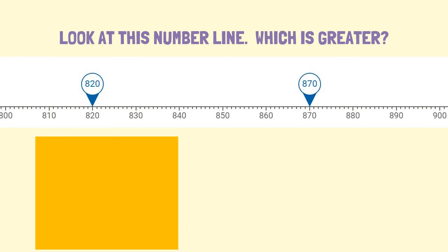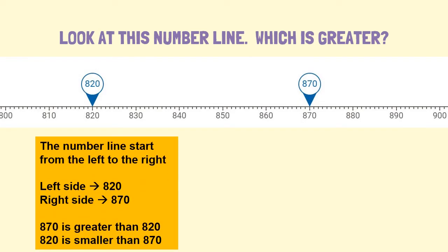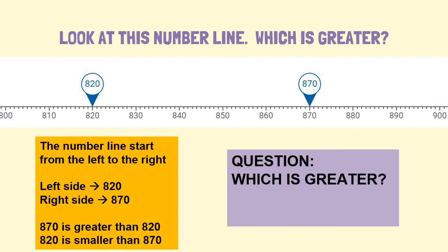So 870, of course, is greater than 820. Or we can say 820 is smaller than 870. The question asks about which is greater. Of course, the number whose position is on the right side, 870.